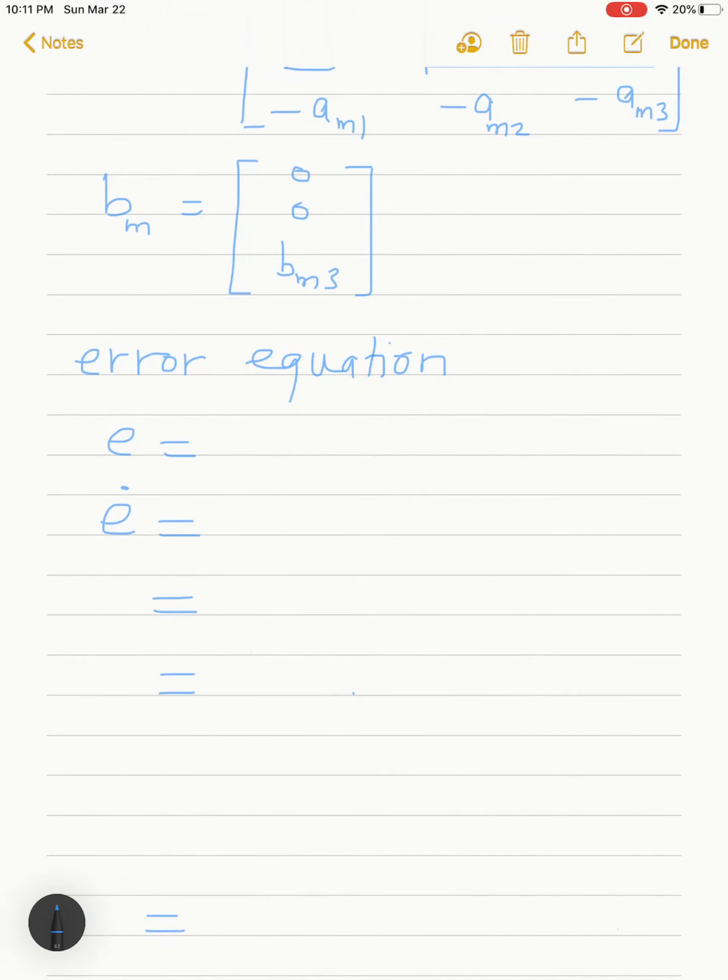Okay, the next step is to derive the error equation. We will define the error as the difference between the state of the actual system and the state of the reference model. In that case, e dot would be x dot minus xm dot. Now I'm going to substitute for x dot from the closed loop equation that we have derived before.